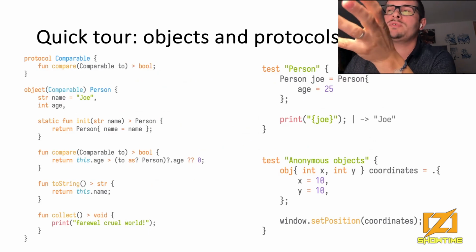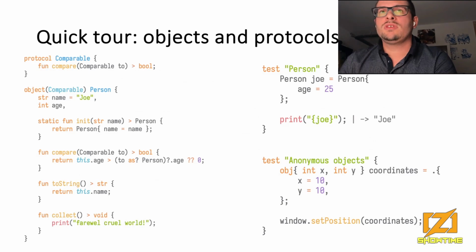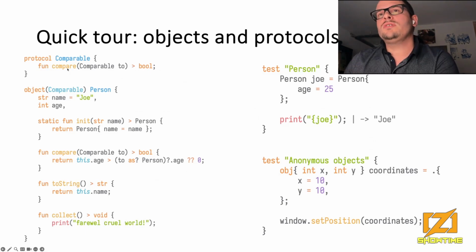Speaking about objects, Buzz is not object-oriented, and we don't have inheritance between objects, but we have protocols. Protocols are a set of methods that your object has to implement if it conforms to it.